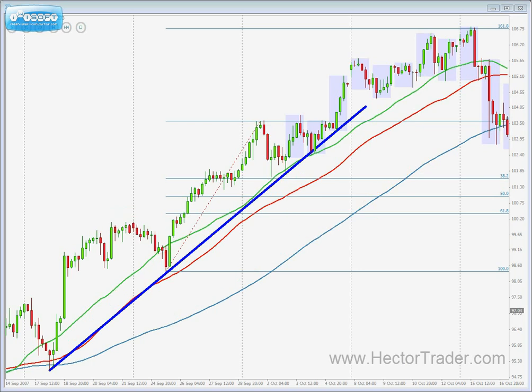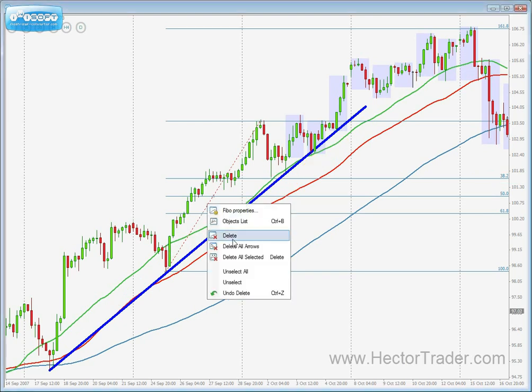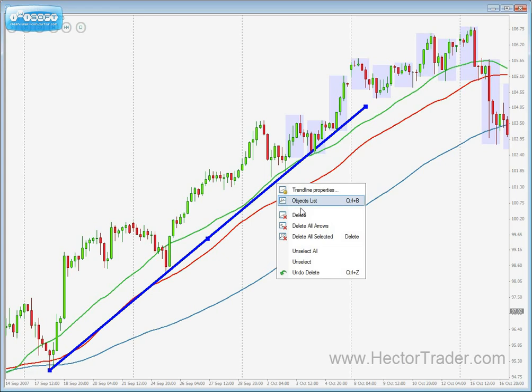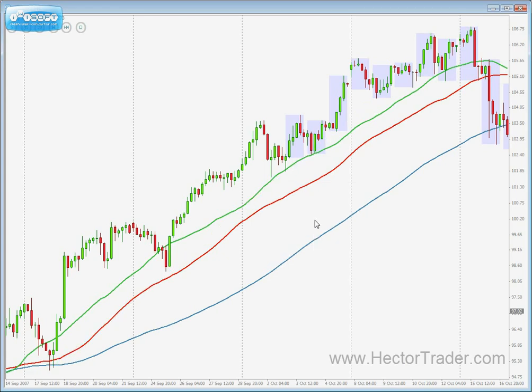But nonetheless, we do have a trend line, we do have the 38% Fibonacci retracement, and of course, as usual, the dynamic area of support. So we have a few elements coming together, forming a cluster, a congestion of different elements of support.